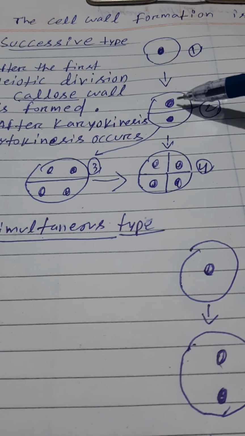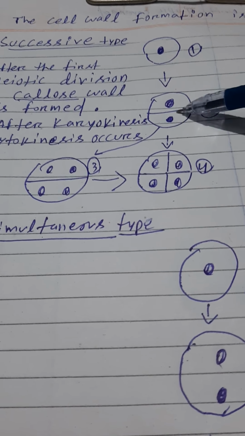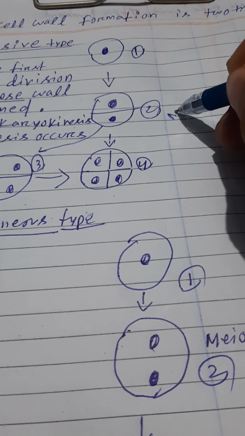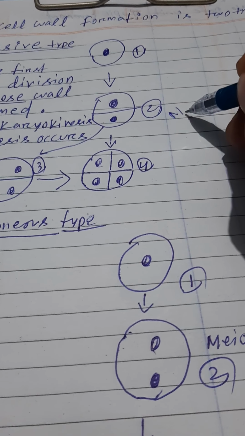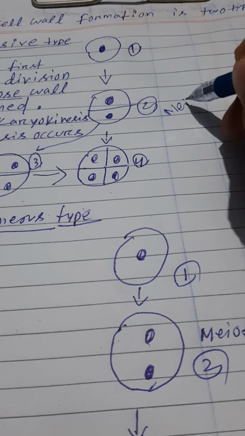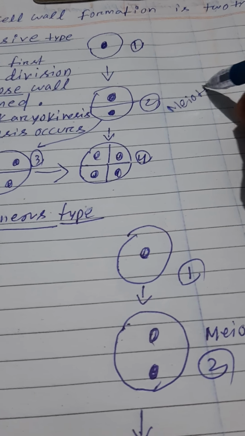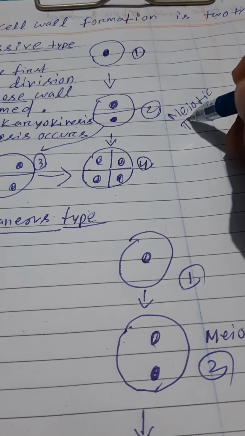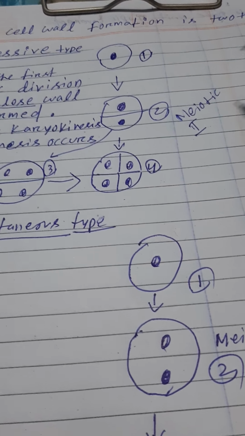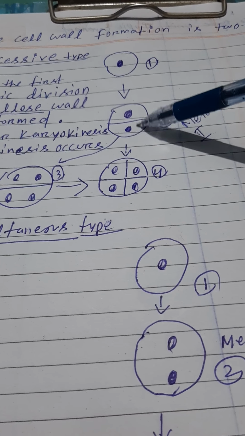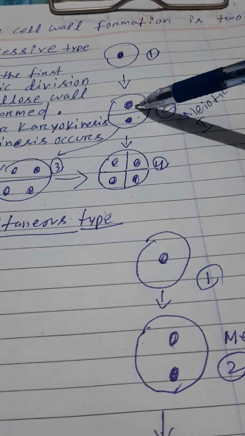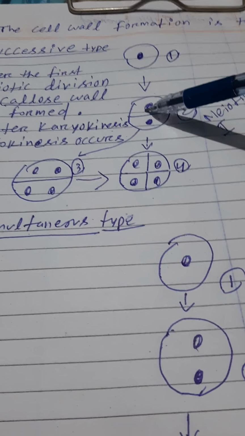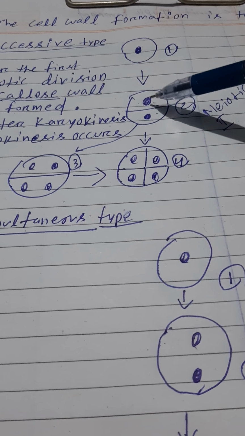So in meiotic 1, there are two microspores, and after that, again in meiotic 2, karyokinesis occurs.